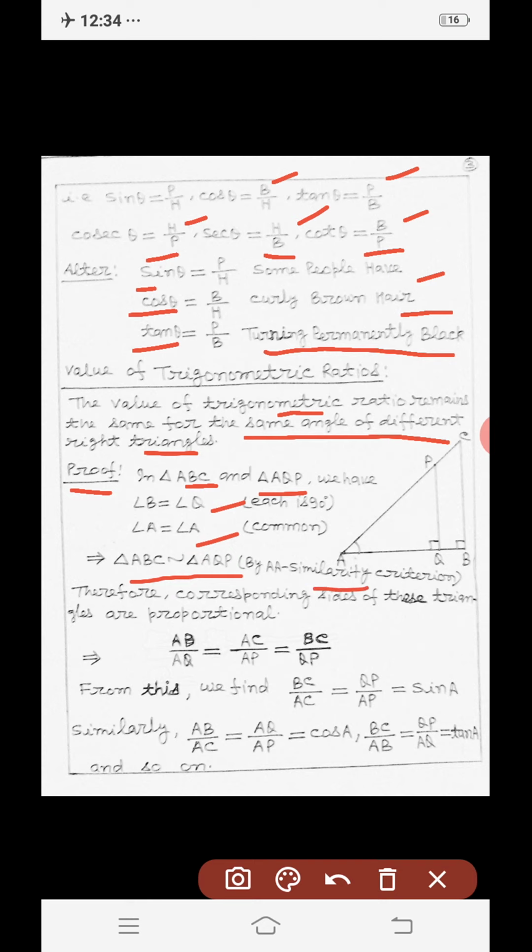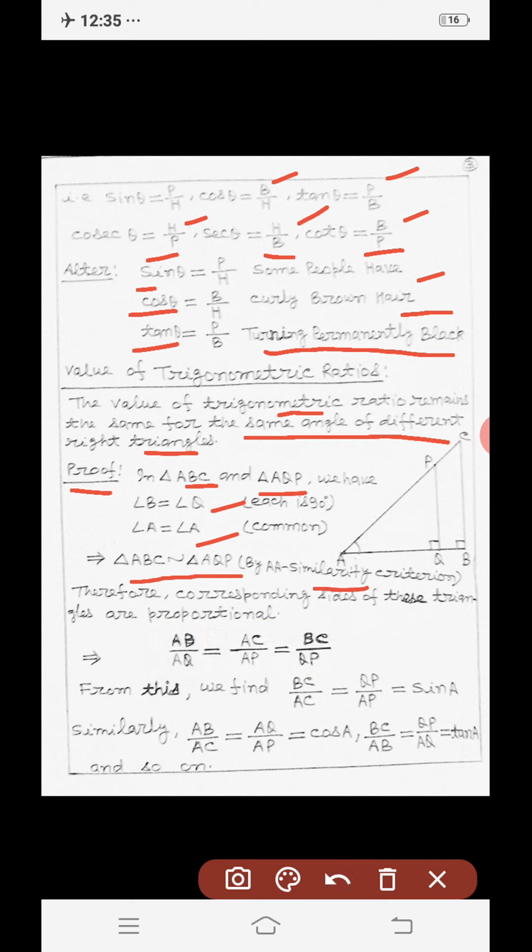Dear students, if two triangles are similar, then their corresponding sides are proportional. So using this concept, we can say that the corresponding sides of these triangles are proportional, and this implies that AB by AQ is equal to AC by AP equal to BC by QP.